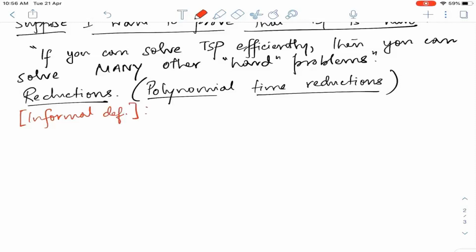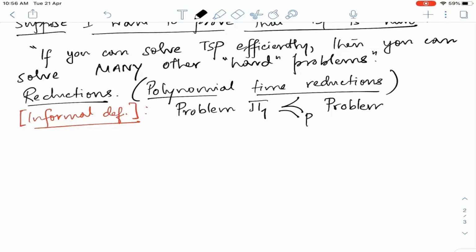So we say that, let's say I have a problem pi 1. I say that it reduces to the problem pi 2. Please remember this direction.